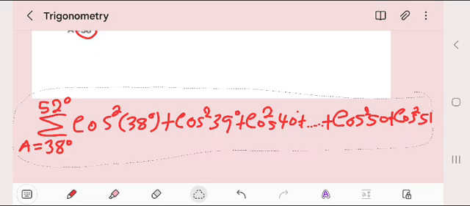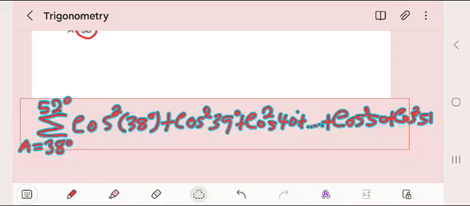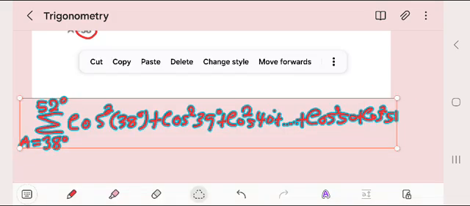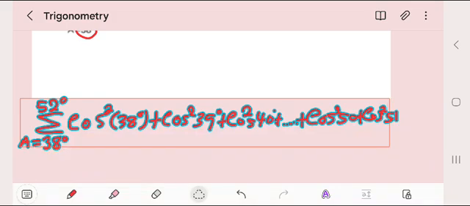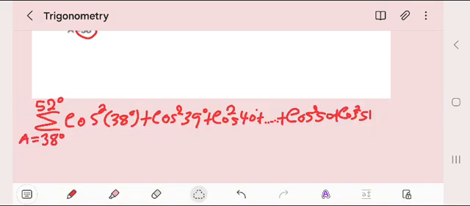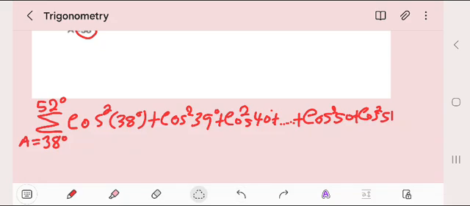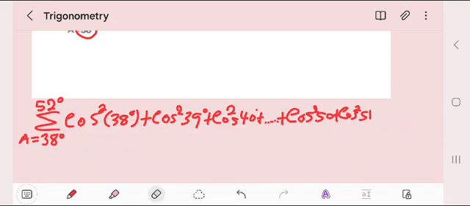Let me squeeze it a bit. Plus cos squared 51 plus cos squared 52.